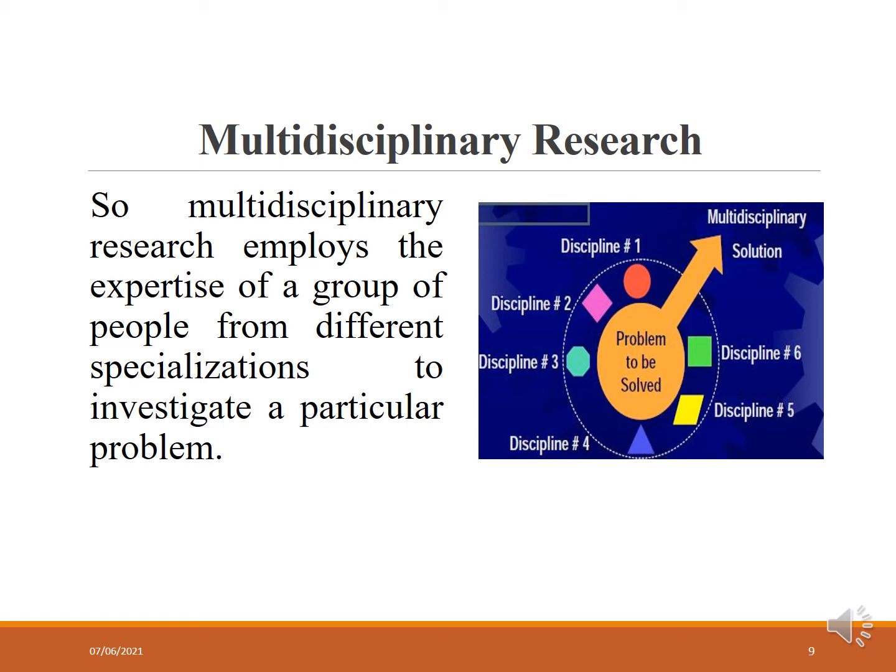This shape is depicting a discipline. This is also depicting a different discipline. So what we want to say is when experts from different disciplines come together to solve a problem through research, we are adopting a multidisciplinary approach, and therefore we can get a multidisciplinary solution.